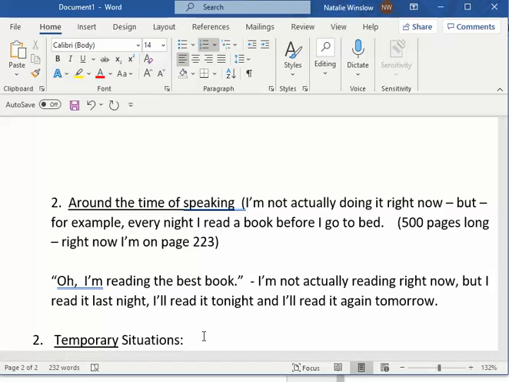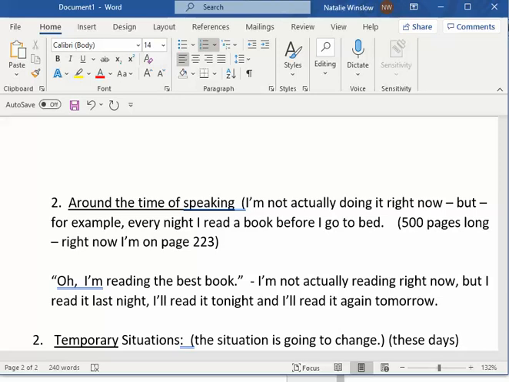The situation is going to change. So a lot of times when we're talking about temporary situations, we use the expression these days.